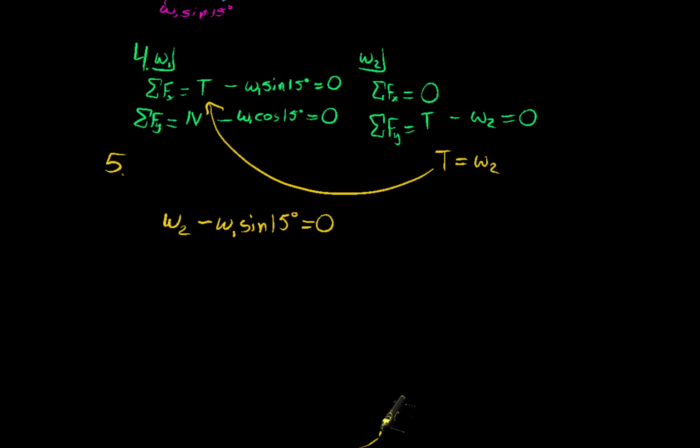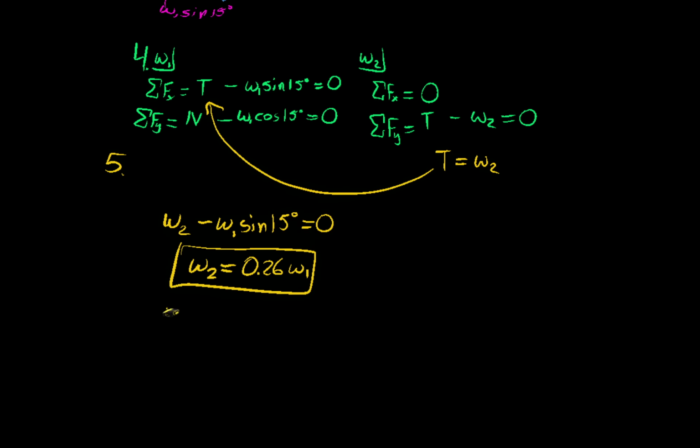Right? So W2 is equal to W1 sine 15, and if you actually calculate it, since I wrote it down in my notes, 0.26 W1.